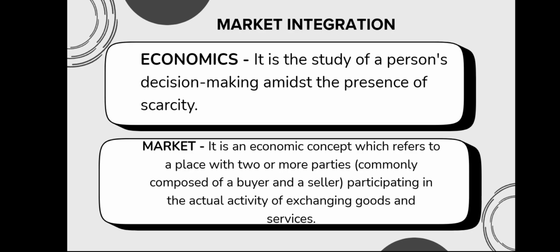Integration happens in markets when they start working together. From the word itself, market integration, to make it happen we need a market, or the market is the place where the integration happens. I hope that makes sense.